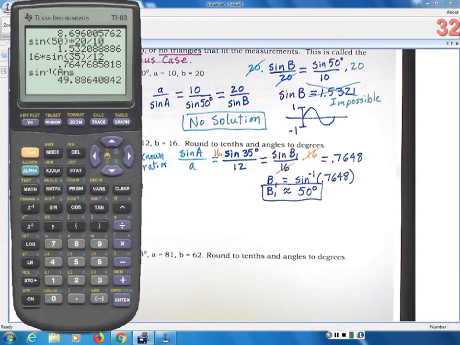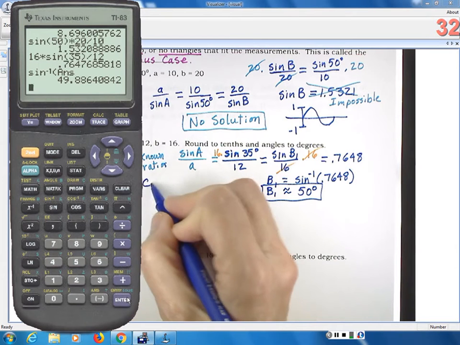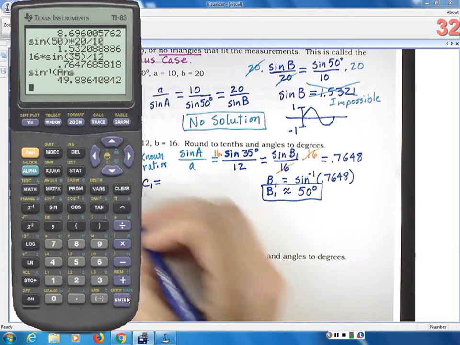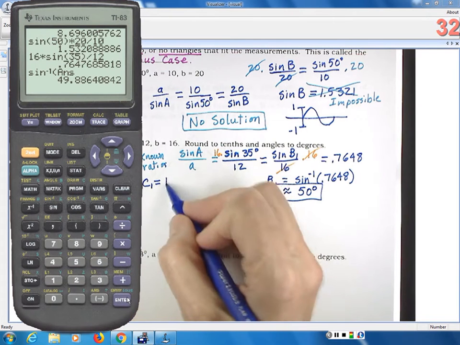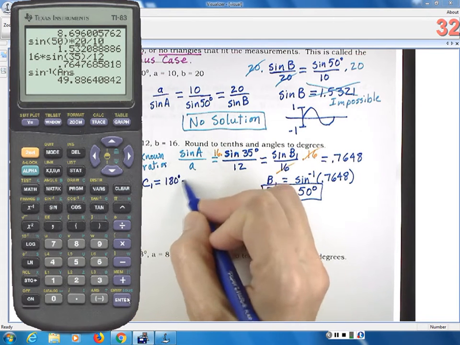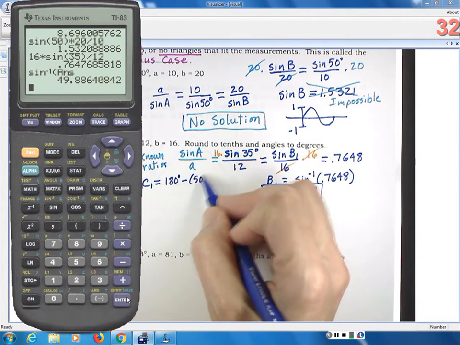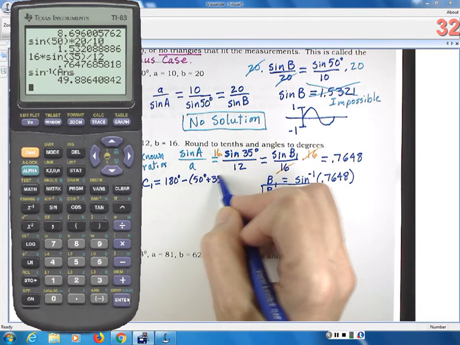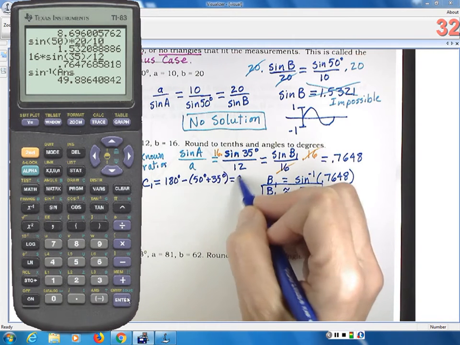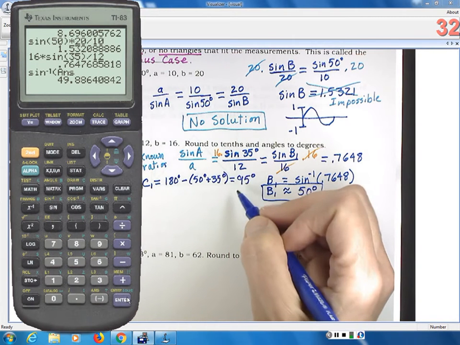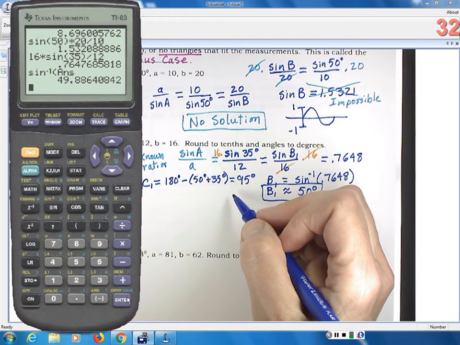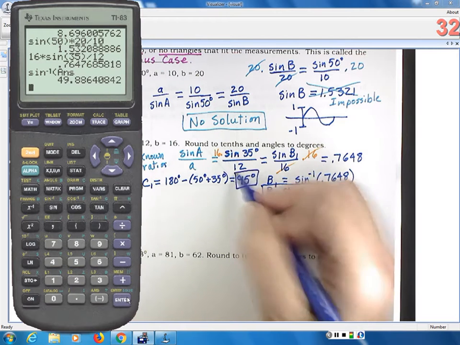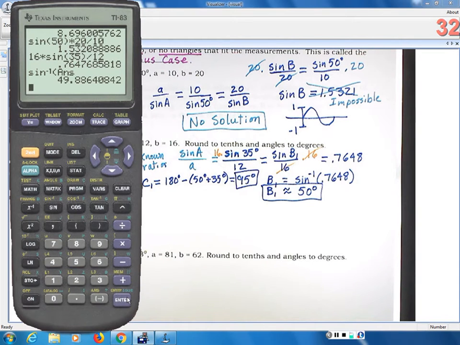C1 is going to be 180 minus 50 plus 35, which is 95. All right, and now we can find the missing side, C1.